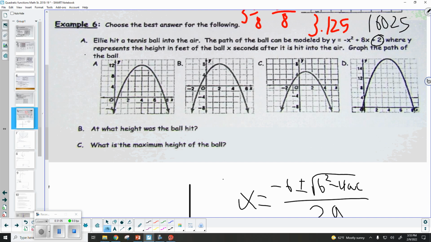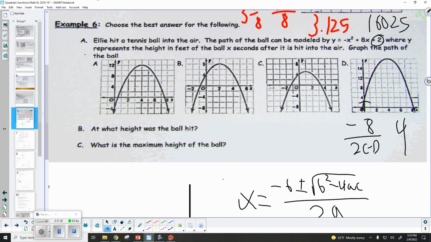I believe it's D, since it hits the 2 right there. It's kind of hard to see, but it hits the 2. At least on the other ones, you can definitely see that both B and C cross at 0,4, and A crosses at a negative value. So the only one that would work out has got to be D.